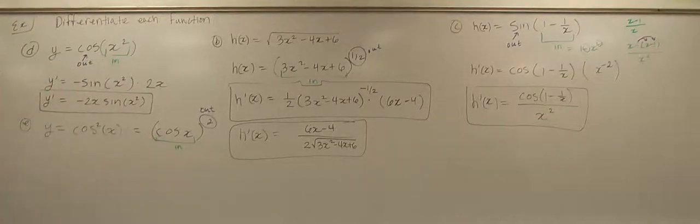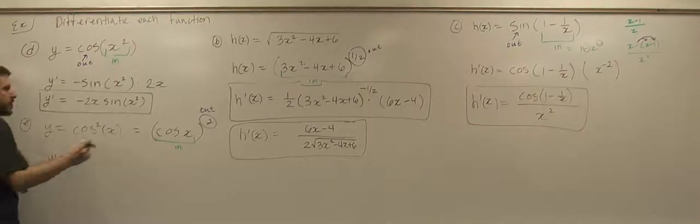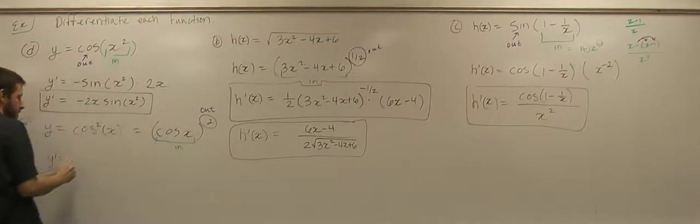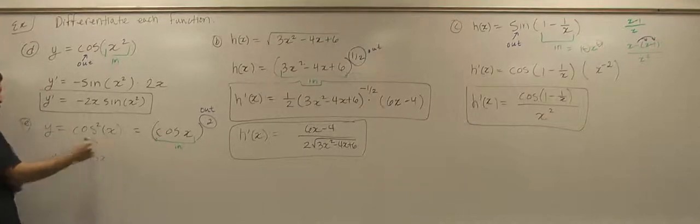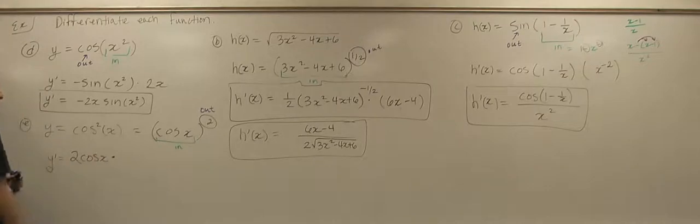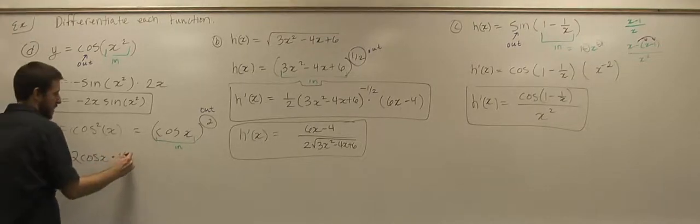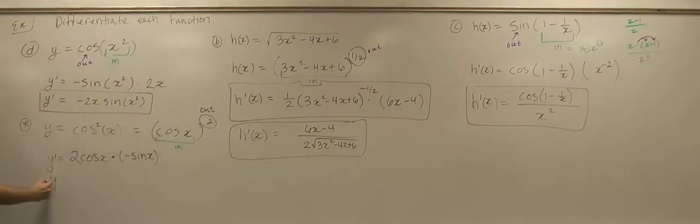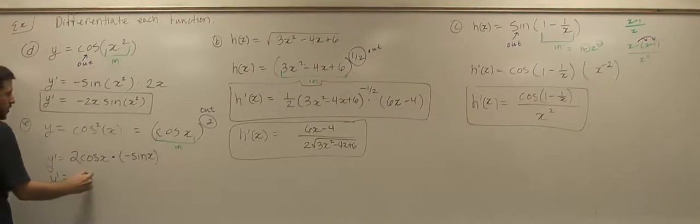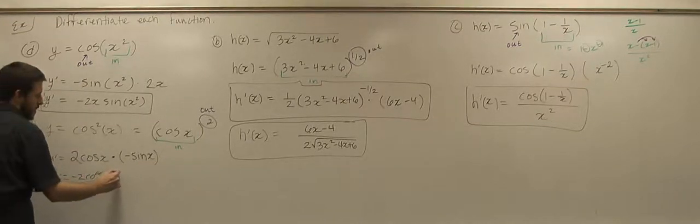For y prime, the 2 comes down first: 2 cos x to the first, times the derivative of the inside, which is negative sine x. So y prime is negative 2 cos x sine x.